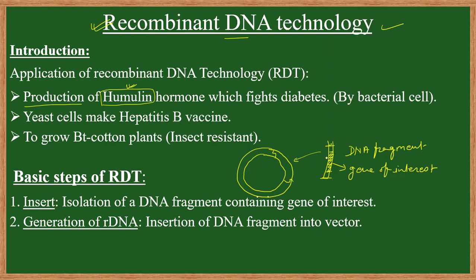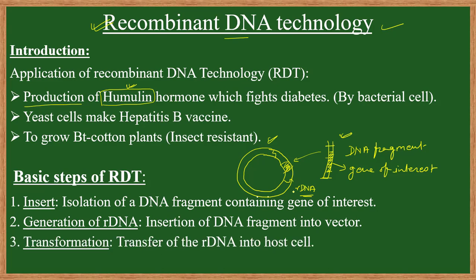Now this fragment will be introduced into the vector. This vector containing the desired gene is called rDNA. So the first step is isolation of the DNA fragment which has the gene of interest, and the second is to form rDNA, where the suitable vector and the desired gene containing DNA fragment are combined.